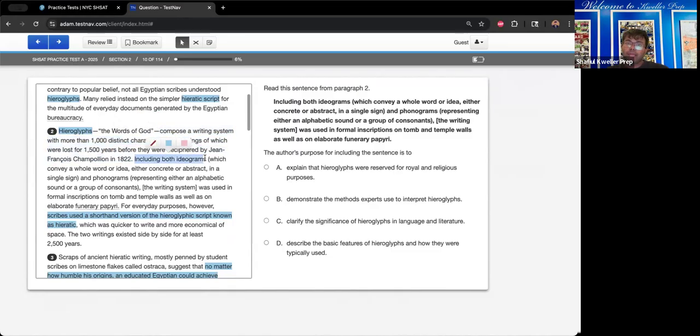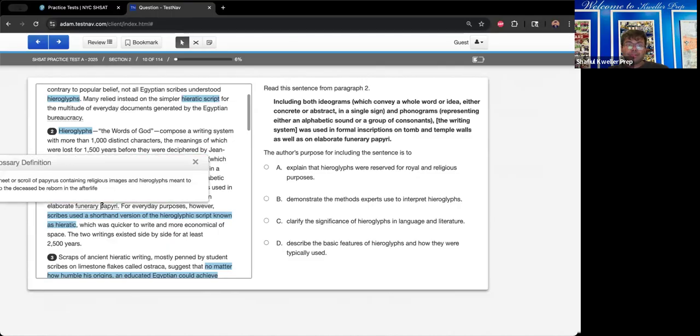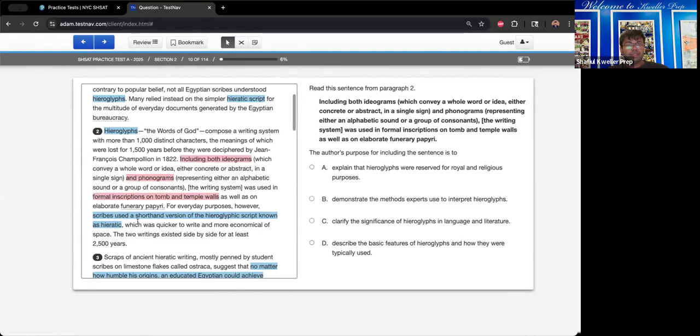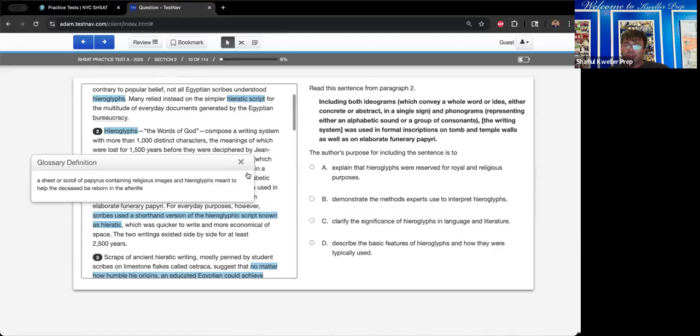Here it says including both ideograms. So hieroglyphs include ideograms and phonograms. The writing system referring to hieroglyphs. Hieroglyphs were used in formal inscriptions on tomb and temple walls, as well as elaborate funeral papyri. Oh, I guess they actually give you the definition here. So just telling us how hieroglyphs were used.